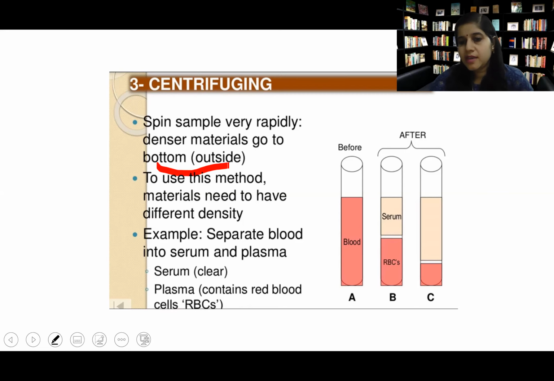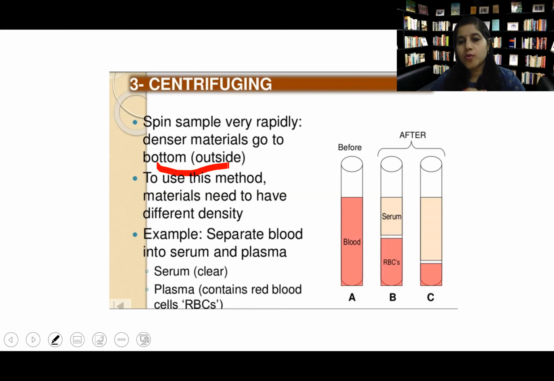Because the milk is denser as compared to cream, the cream will come to the top of the solution and the milk will go downside. In the same way, we can separate butter from curd. This is a very important method, and we use it in squeezing water from clothes with the help of a washing machine.